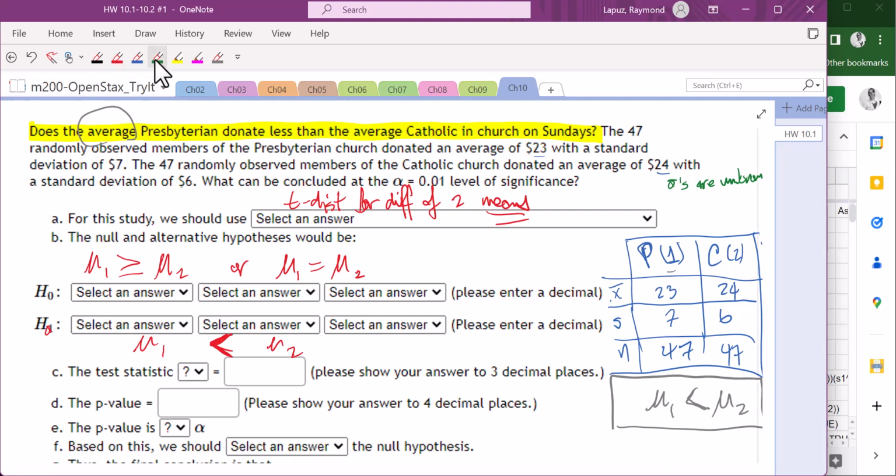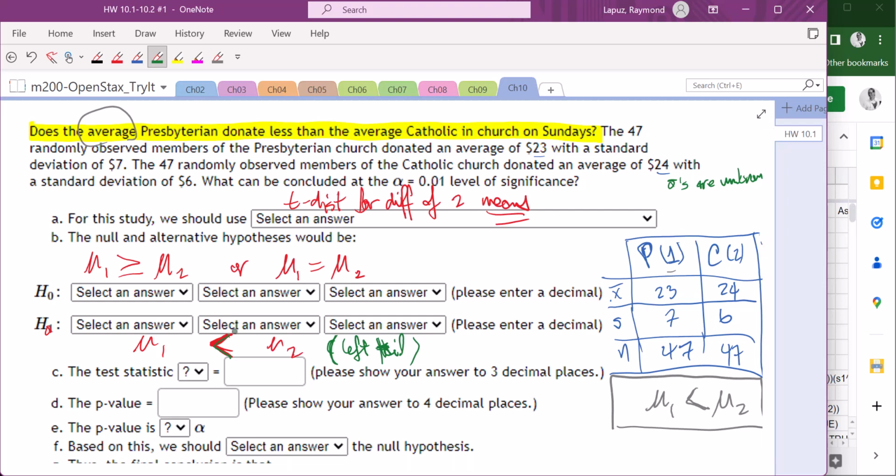Just as a side note, this is going to be a left tail test. If we look at the symbol associated with the alternative hypothesis pointing to the left, that's really the best way to look at this.